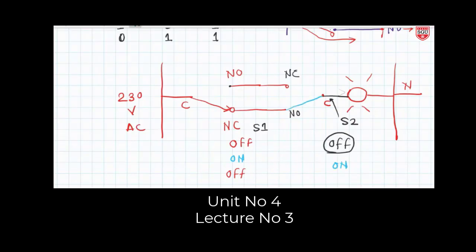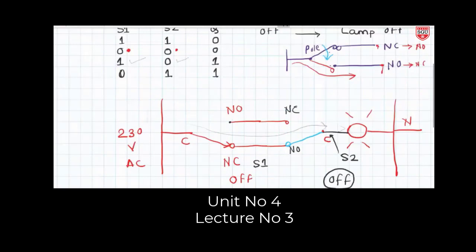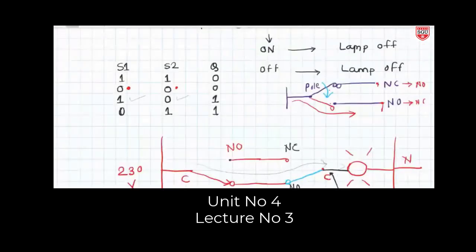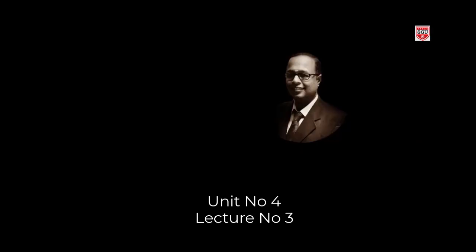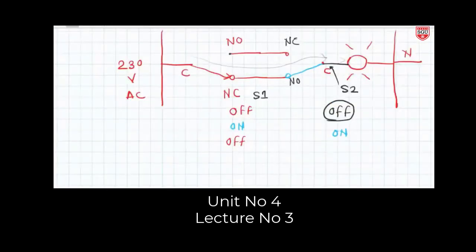So this will be the condition, and at that time current will flow from this side, and we will get this truth table successfully correct. So this is the consideration where we will see the use of the SPDT switch. The SPDT switch is used for considerations like these, and in practice previously this type of switch was used.